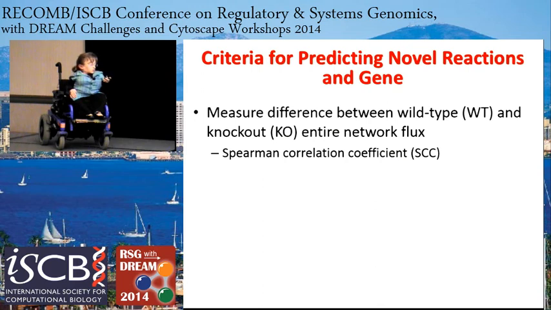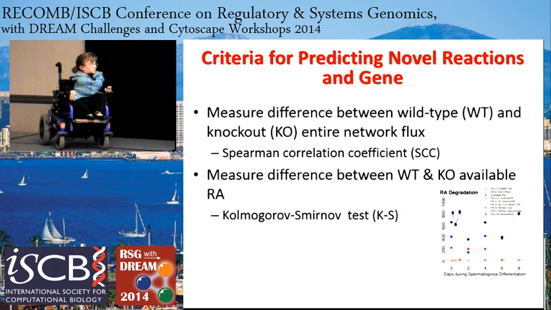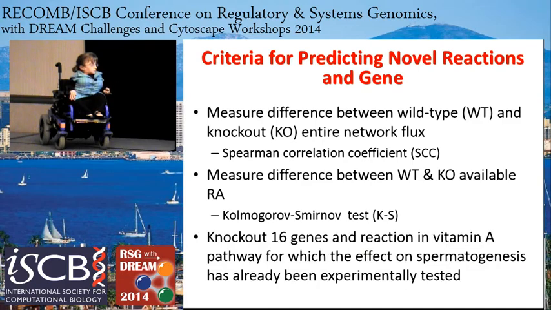For this we used the Spearman correlation coefficient to compare the median of the wild type reactions to that of the knockout. Then we also wanted to measure the difference between the wild type and knockout available RA, to see if it had any effect on this blue line here. To do this, we used the Kolmogorov-Smirnov test to evaluate if there was a difference in the flux distribution at a particular time point between the knockout and the wild type.